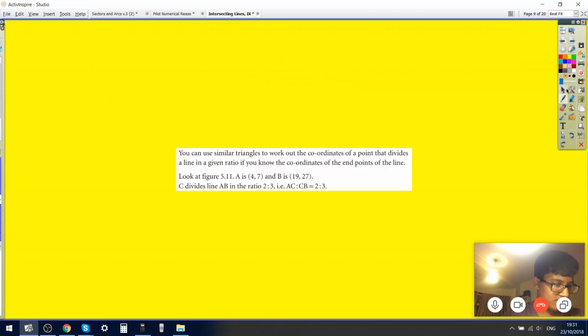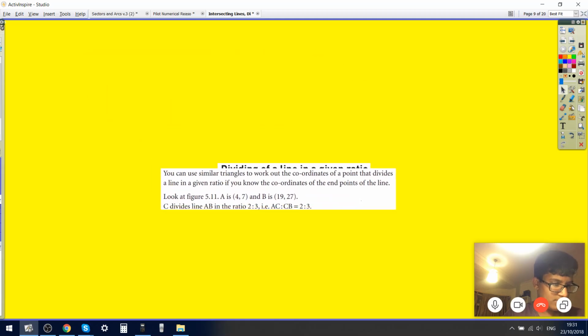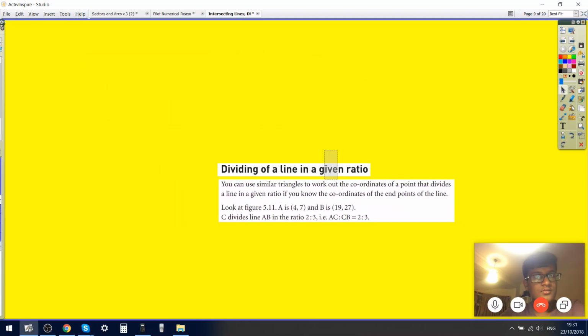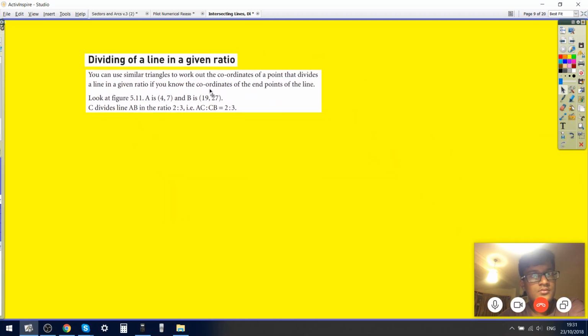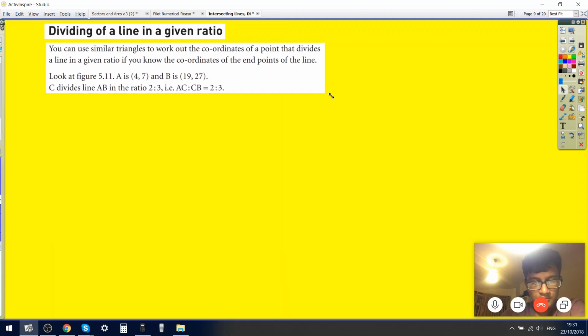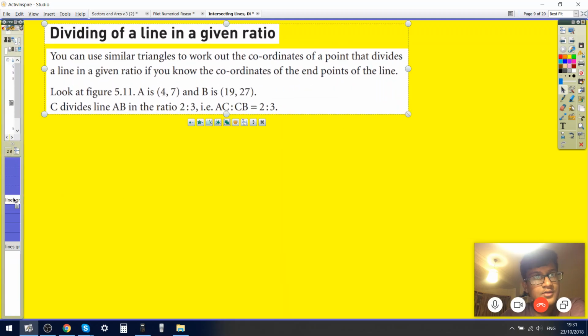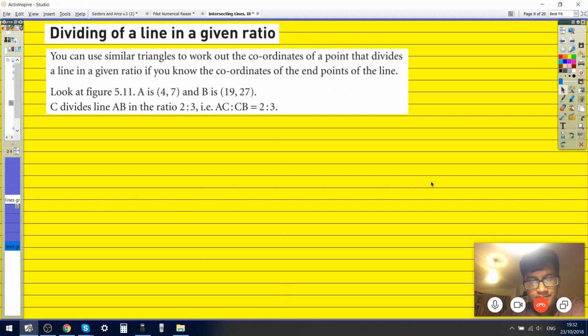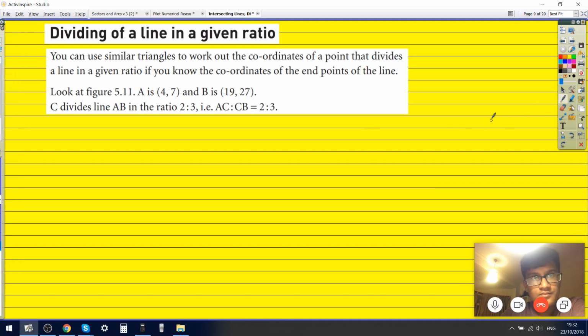So this next one is kind of tricky. See if you can figure it out. You're given two coordinates.